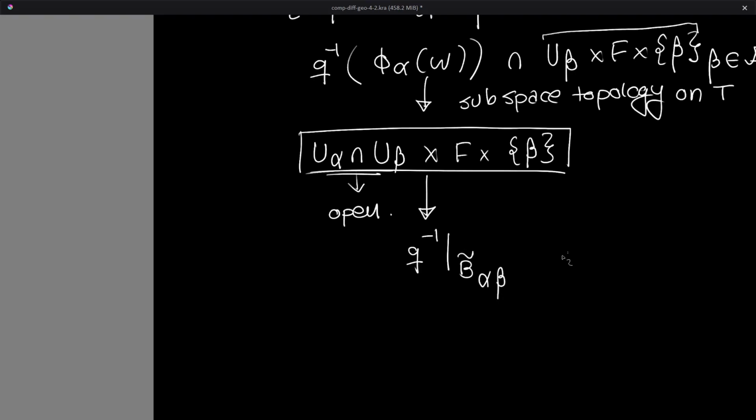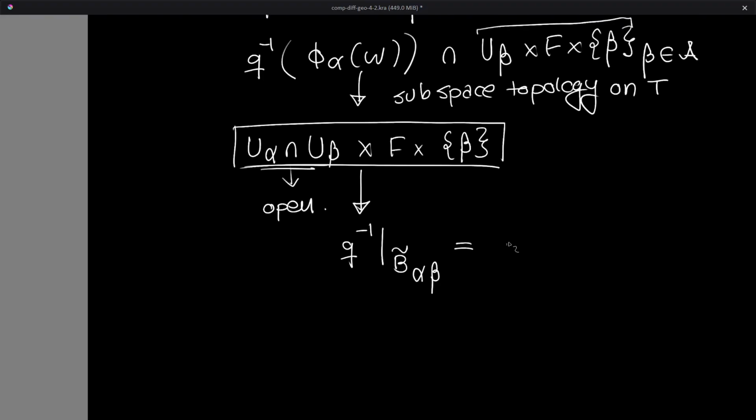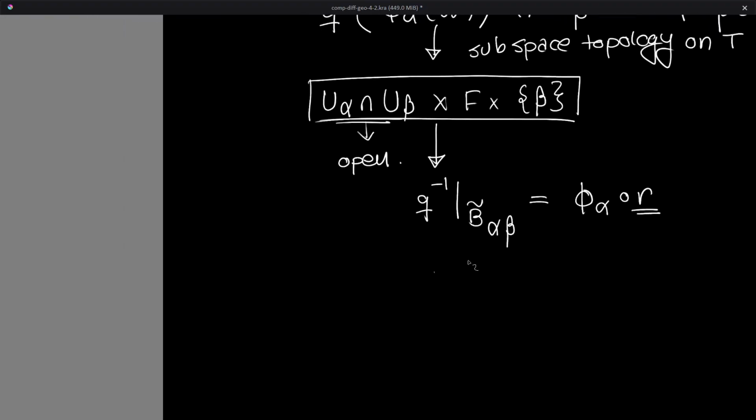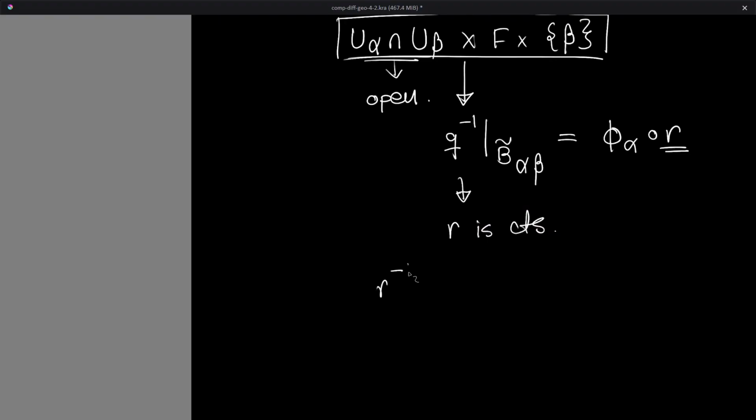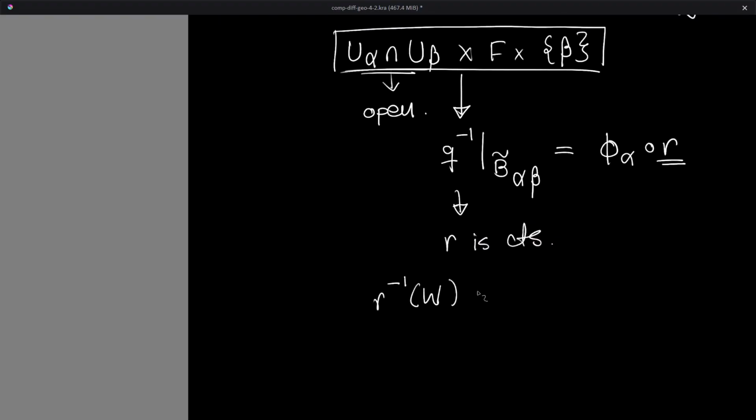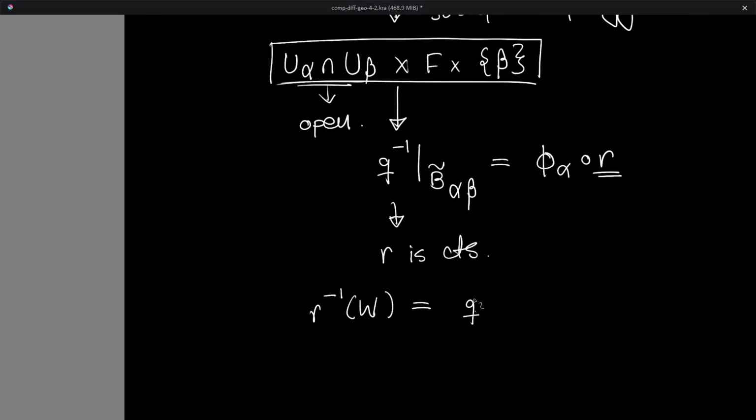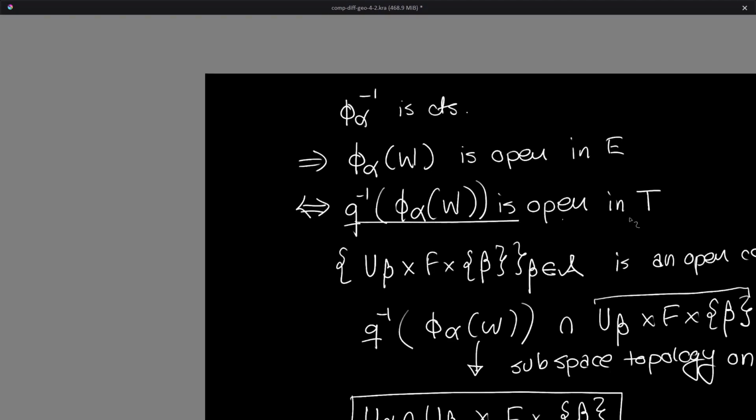That restricts us to this set, but then this is equal to phi alpha after R, where R is our restriction function, but then R is continuous. We showed that R is continuous, and we also showed that R inverse of W is equal to Q inverse of phi alpha of W, which is what we wanted to show was open, right?